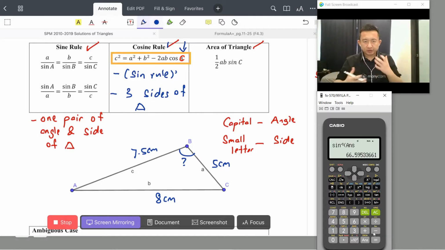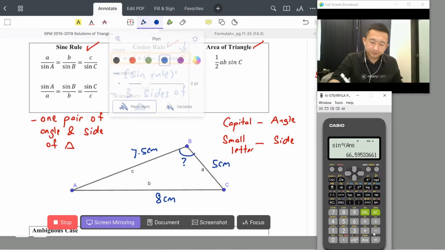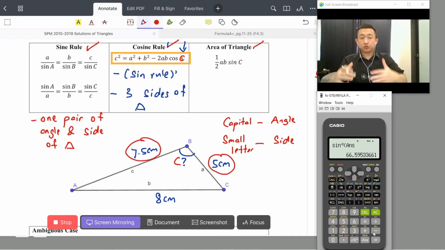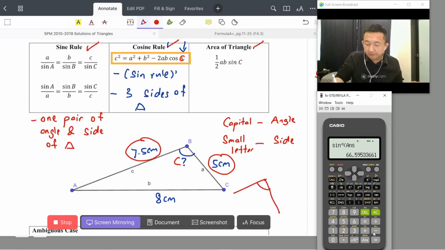Okay, I want you to remember when you need to find this angle, this will be angle C based on the formula. When you have this side and this side, you form this angle C, right? You will regard these two sides as small letter a and small letter b.